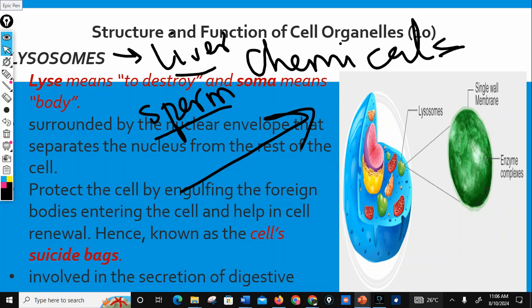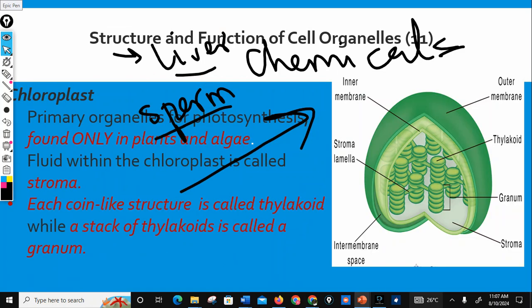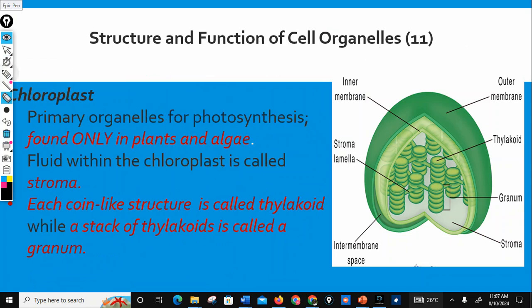They are involved in secretion of digestive enzymes, so they aid in digestion. In digestion, you break down food substances. All right, the next one is the chloroplast. One important thing is that it is found only in plants and algae.